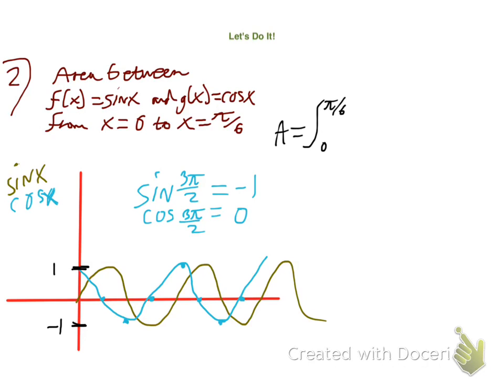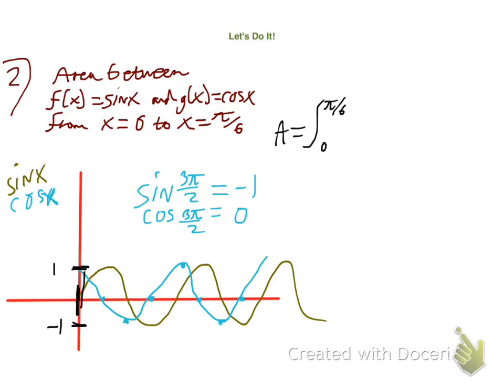So where is pi over 6? 0 is here. Pi over 6 is not at pi over 2 yet, so it's before that point. Pi over 6 is like over here. The point where the two curves intersect is pi over 4, because sine of pi over 4 and cosine of pi over 4 equal each other. So pi over 6 comes before the point where they intersect.